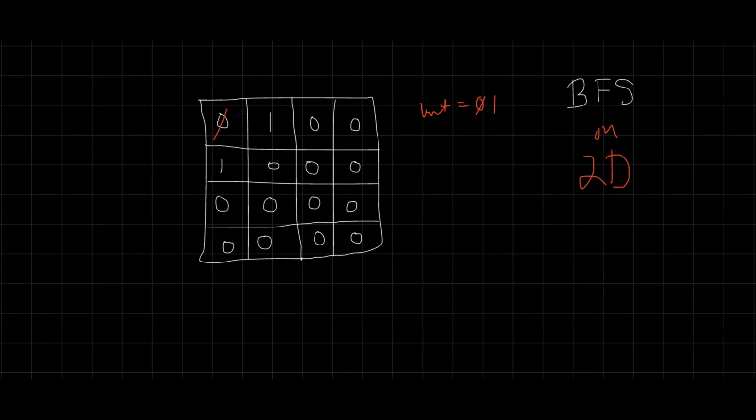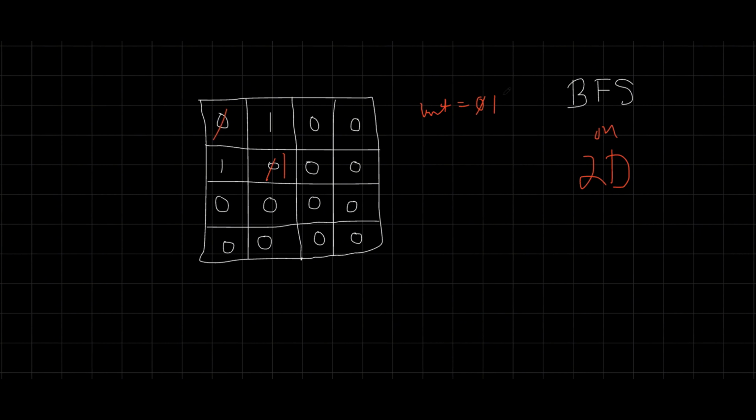So as this is 8-directionally connected, we can call the BFS from here. So mark it visited, but we cannot go to this one and this one, because if the current cell is 1, it is not traversable.